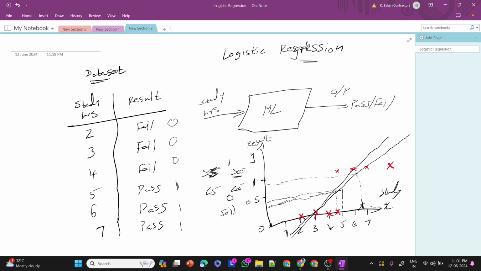But the real output is that a person who studies for 5 hours should pass the exam. Because of this one outlier, the line is deviated somewhere, so it gives the output in an incorrect form.